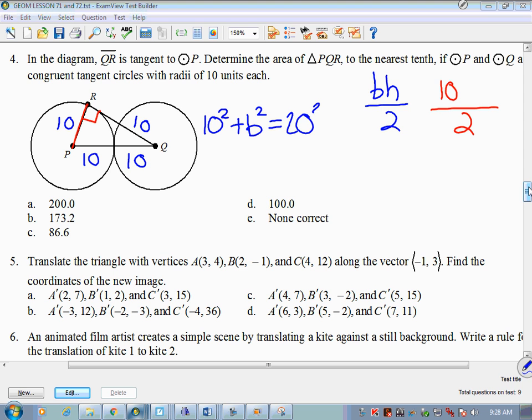Equals 20 squared. Very good. So we've got 100 plus b squared equals 400. What does b squared equal? 300, because we're going to subtract 100 across. What do I need to do with 300? Square root it. And we're going to get a decimal out of this. So what is the square root of 300?